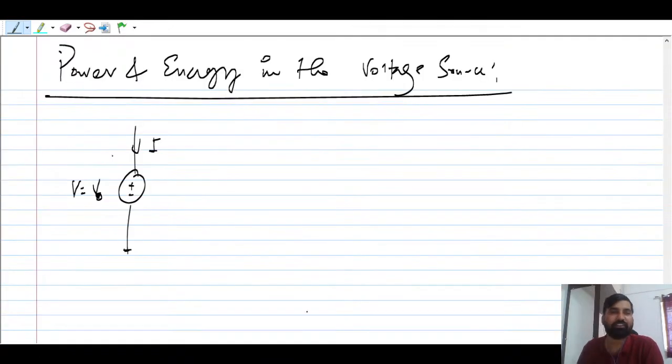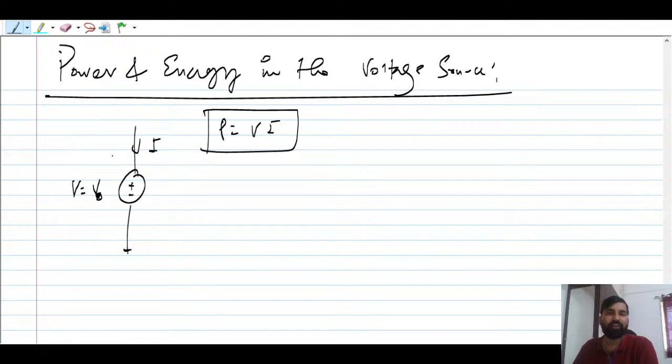Now, if I want to find the power and energy in the case of a voltage source, the defining relationship will be the same: P equal to VI. Remember, if the power is positive, suppose current is entering the voltage source from the plus terminal, then power is absorbed by the voltage source.